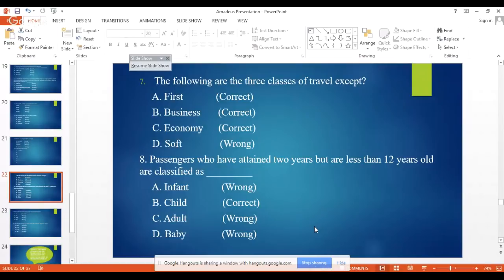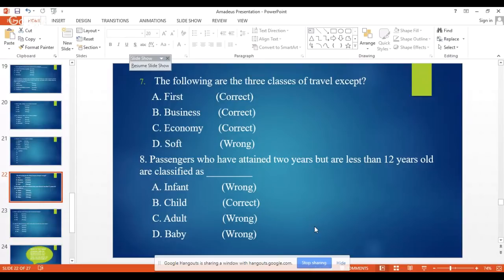Question 8. Passengers who have attained 2 years but are less than 12 years old are classified as dash. Let me take the question again. A, infant. B, child. C, adult. And D, baby.